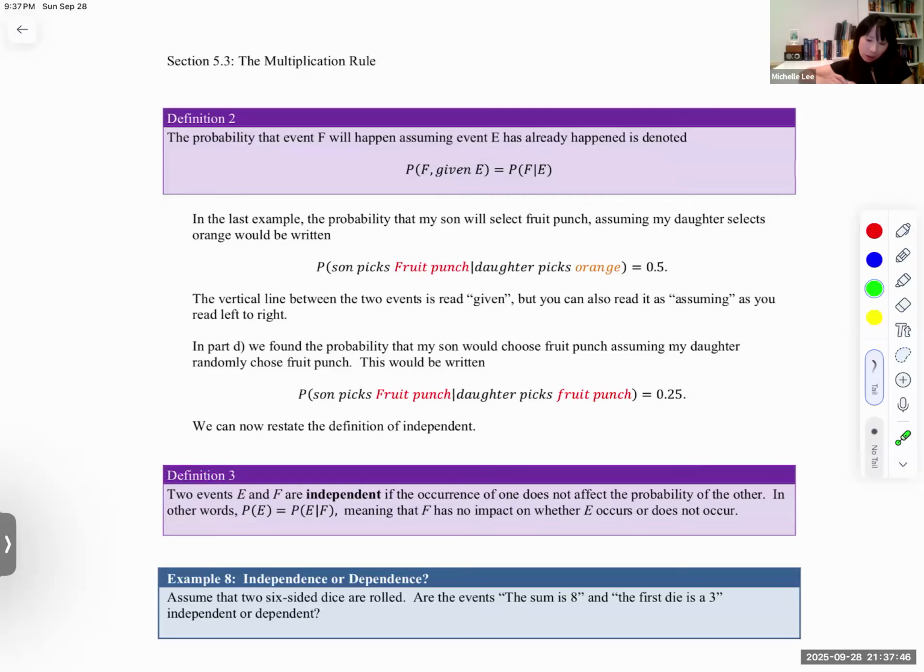Definition 2. The probability that event F will happen, given that event E has already happened, we call this dependent. Two events are dependent.